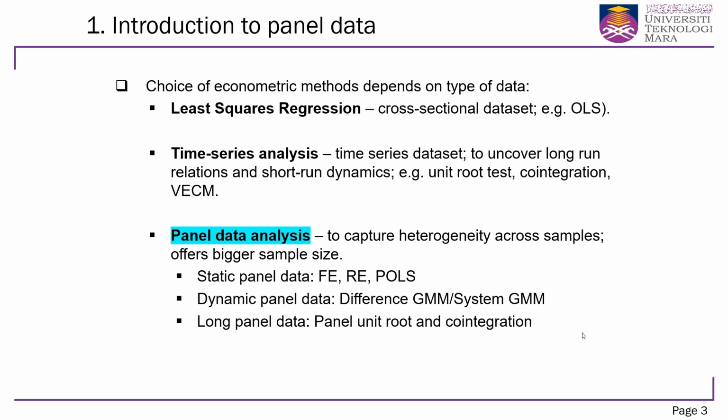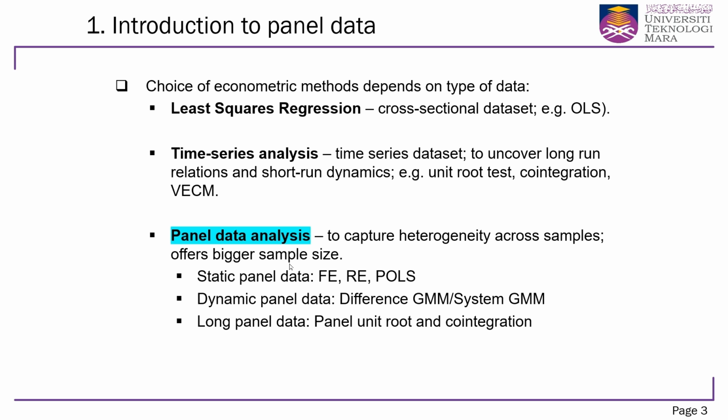And for panel data analysis, we have a bigger sample size because we have observations from different cross-sectional units and different time periods. Therefore, panel data analysis often allows us to capture the heterogeneity or the unique characteristics across units in the data set.